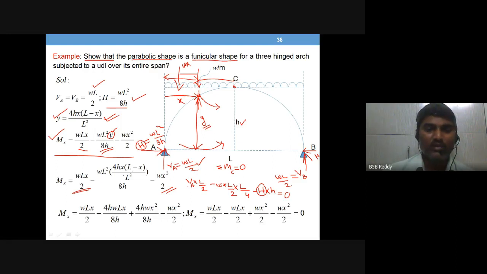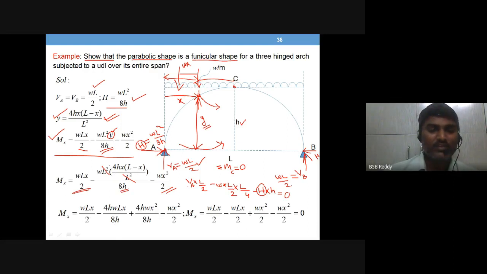Now you have to expand this term and you are able to write this one. So what you have here, see, L square and L square are getting cancelled. 4hx into L into W, because this L square and L square get cancelled, so divided by 8h remains.